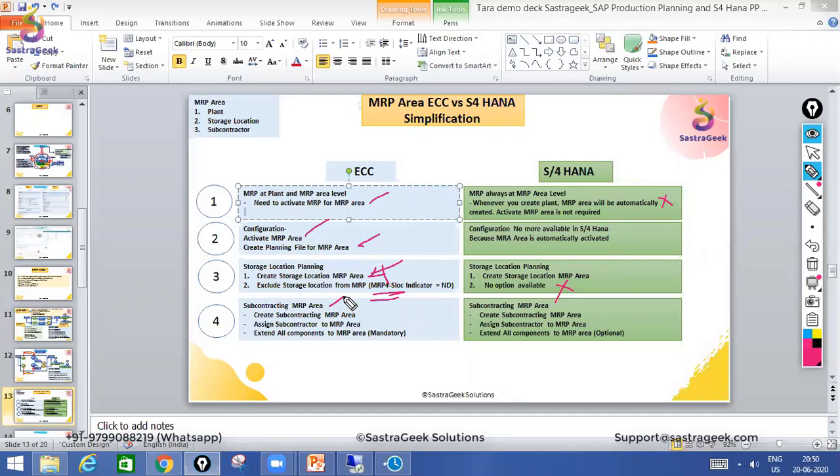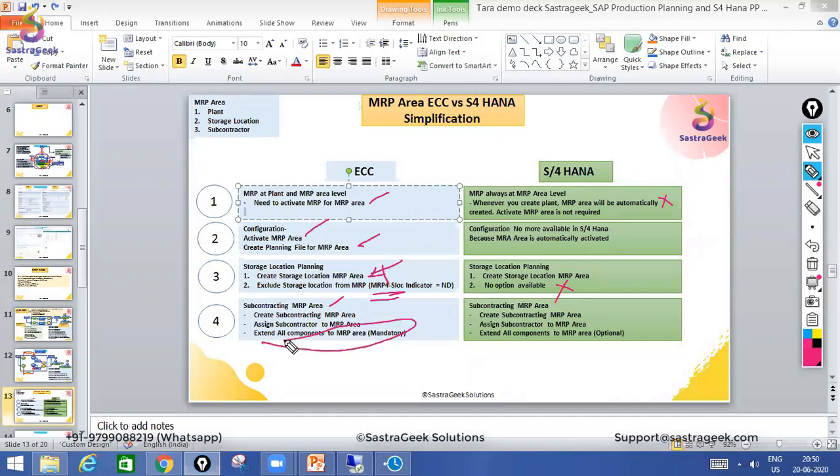Now we'll see the fourth point, that is the subcontracting MRP area. See, the subcontracting MRP area is exactly the same. We need to create a subcontracting MRP area, assign that subcontractor to that MRP area, and then extend all the components to that subcontractor MRP area. That third point was mandatory in ECC.